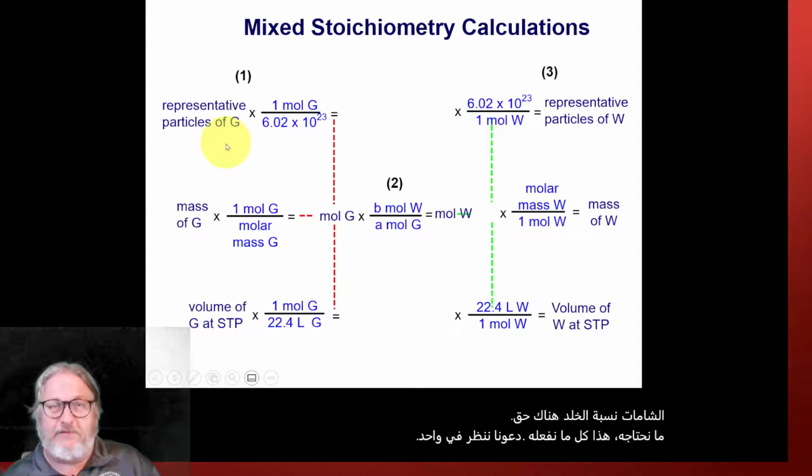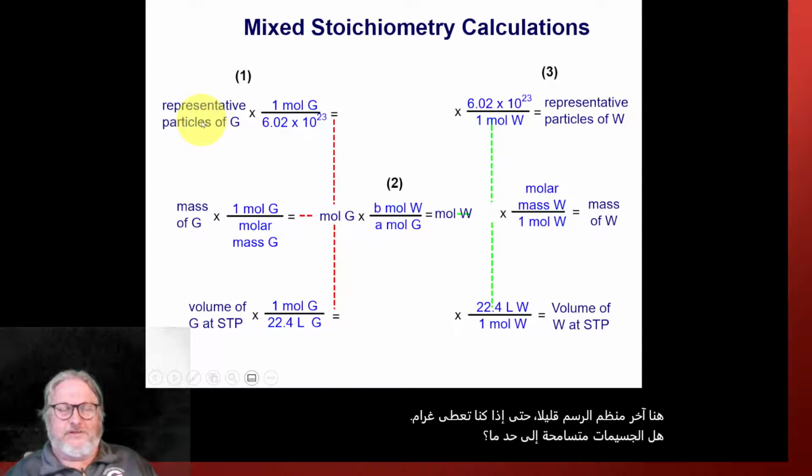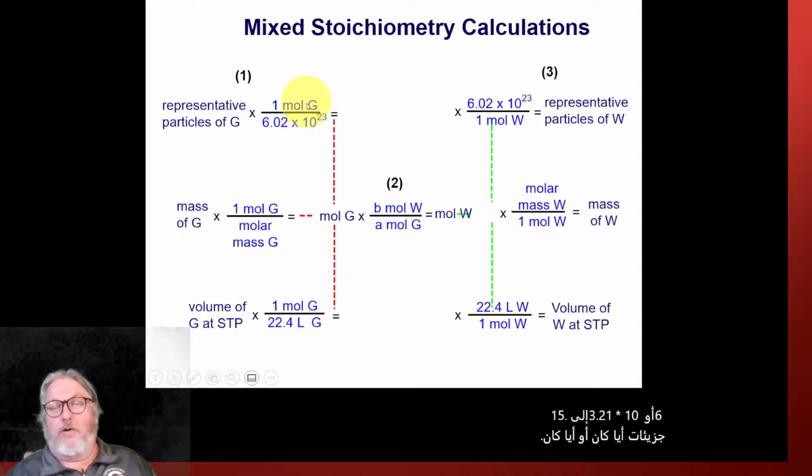Here's another little graphic organizer. So if we're given particles, 3.21 times 10 to the 15th molecules of whatever, we use our Avogadro's number to get the moles of what we're looking for.